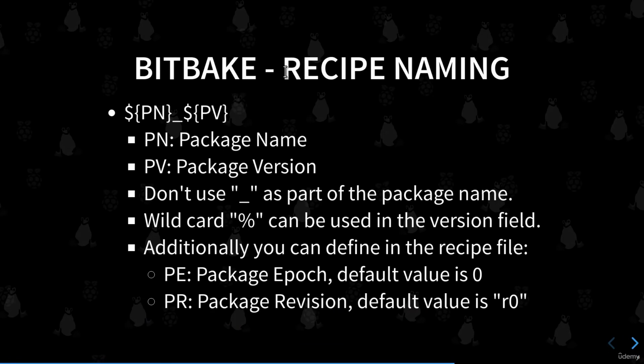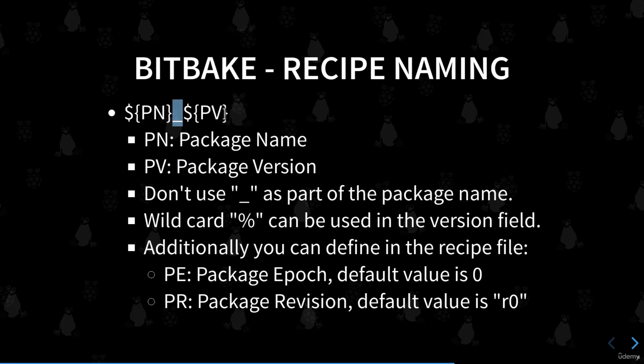So as we mentioned or hinted previously, the recipe naming is normally package name underscore package version. Since it uses this underscore to parse these two variables, you can't use underscore as part of the package name. You can also specify a wildcard.